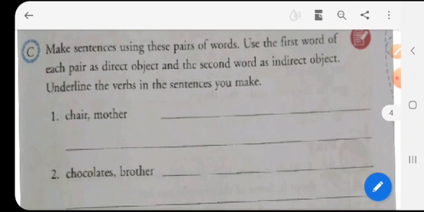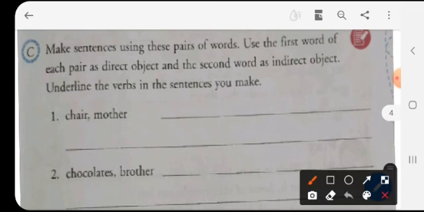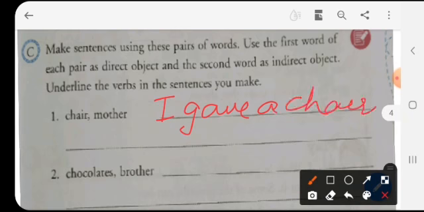What type of sentence can be made and what kind of verb can be used to complete this sentence? I gave a chair to my mother. So you can write here: I gave a chair to my mother.